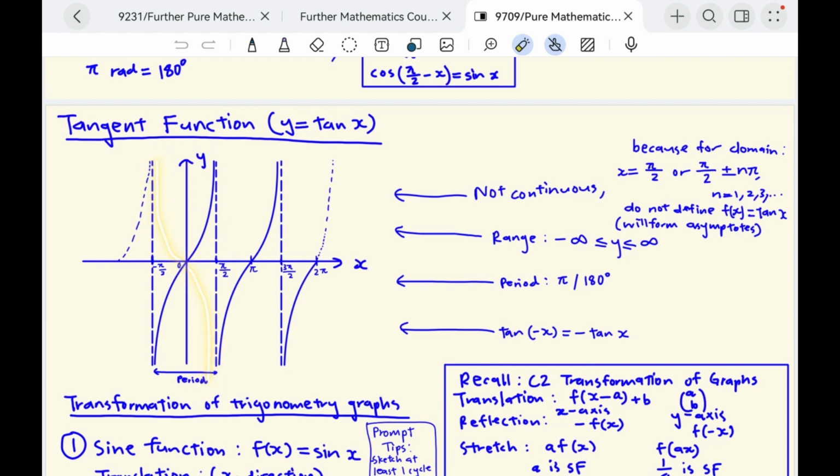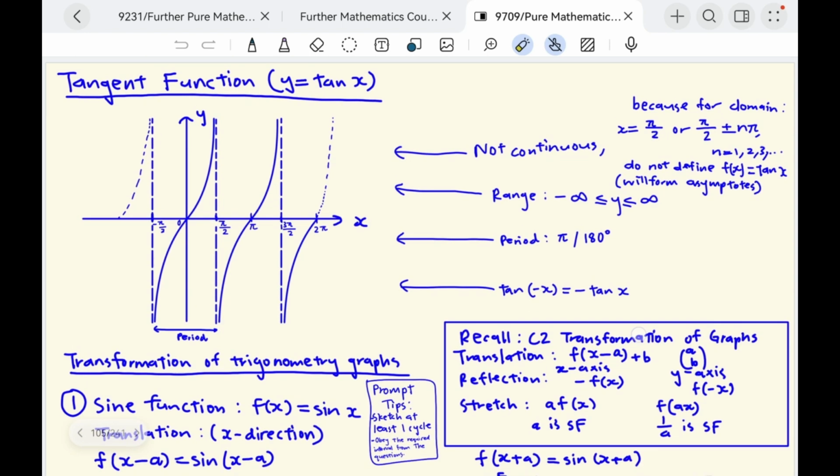Okay? So if you reflect the tangent function, it also turns out in this type of pattern of the graphs. Alright?